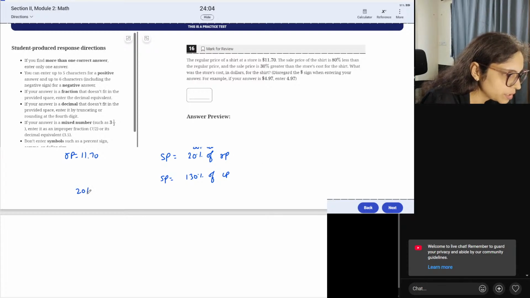So we get our equation 20% of 11.70 is 130% of x. Put this in decimals, you will get the answer.